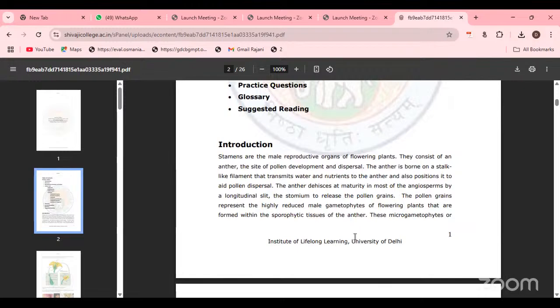What is the anther? What is the importance of the anther? Stamens are the male reproductive organs of flowering plants, and the anther is part of the stamen. The anther is the site of pollen development and dispersal.